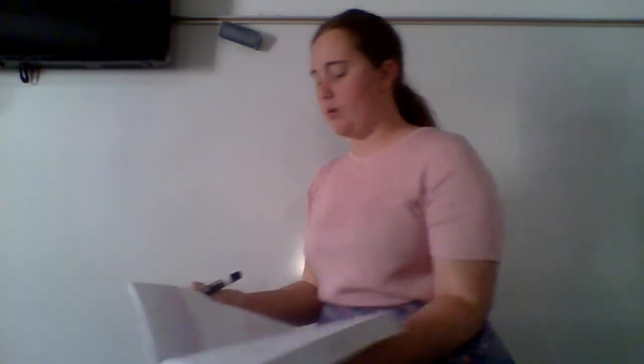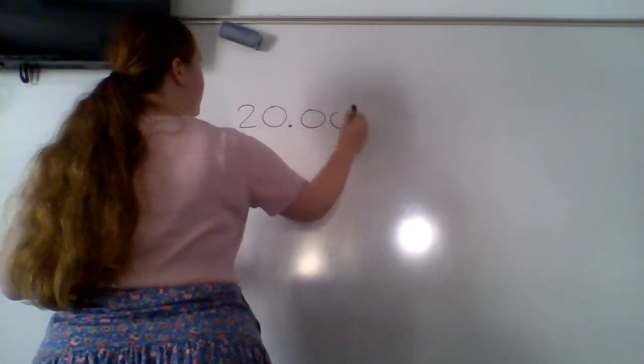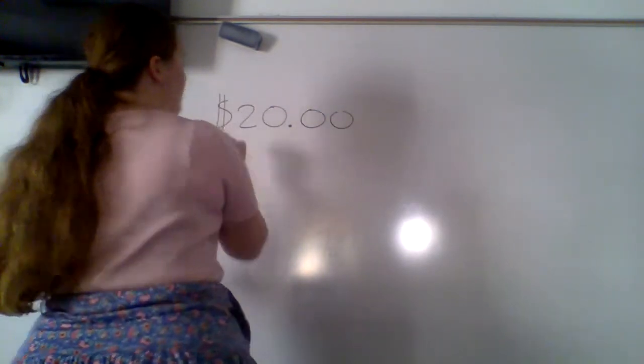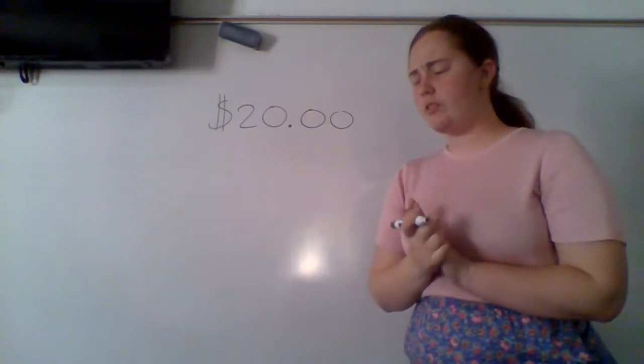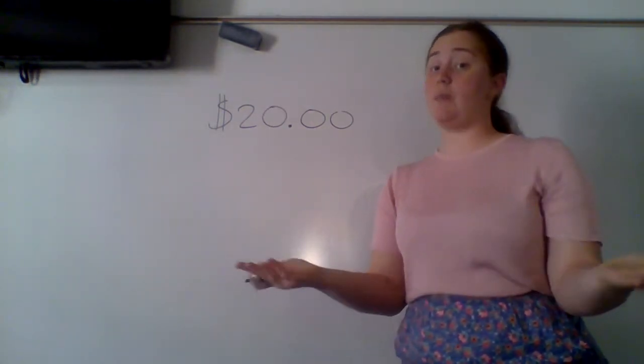Well, I know that I need to subtract because "have left" at the end of that problem is a subtraction clue word. So, let's see. He started off with $20. Now, this is one of those things that's finding out how much is left. So I need to figure out how much he spent.